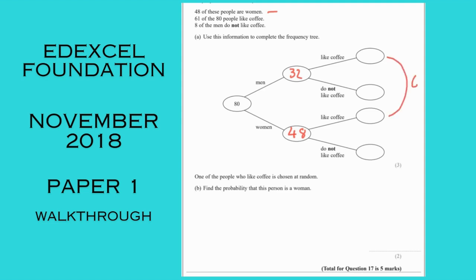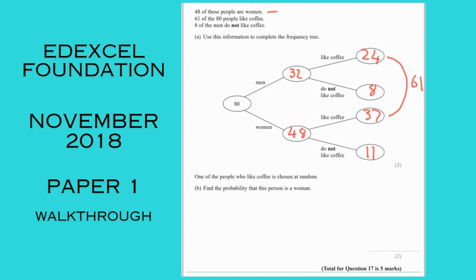So these two bubbles add up to make 61. 8 of the men do not like coffee. So we can use the 8. 32 minus 8, 24. And we can now take that information over here. 61, take away 24, 37. And we can go a stage further. 48 minus 37 gives us 11 women who do not like coffee.